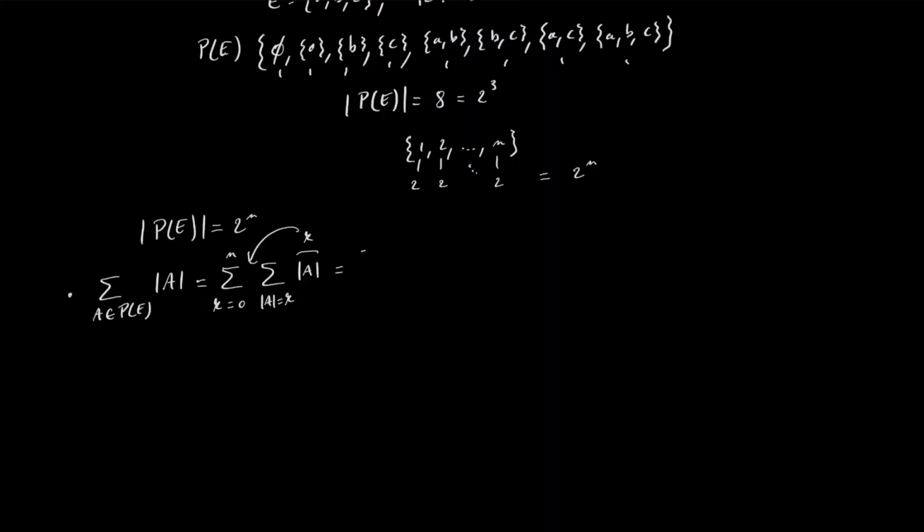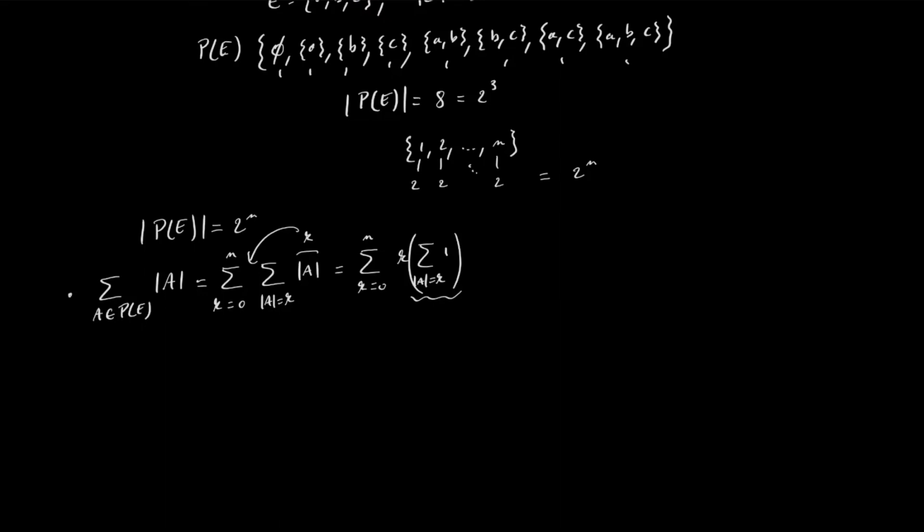So we have the sum from k equal 0 to n of k times the sum of 1 over all the subsets A that have a cardinality of k. And now what this sum is doing is actually counting the number of subsets A that have a cardinality exactly equal to k. And so what is this number equal to?